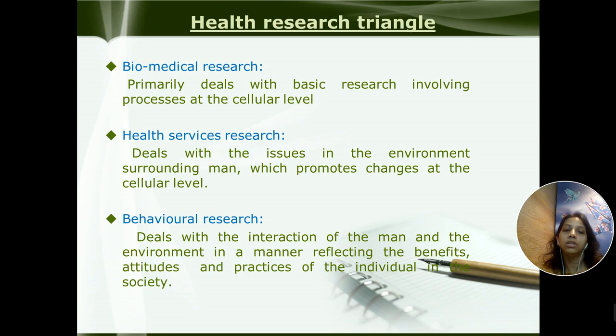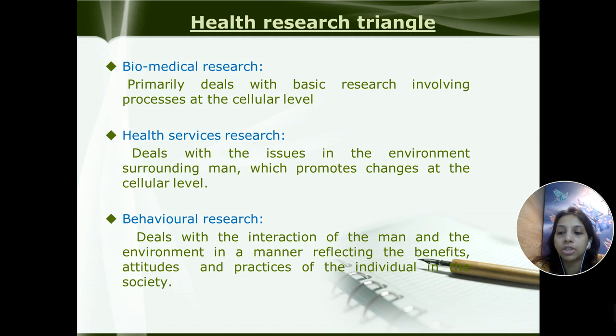Next is health services research. It deals with the issues in the environment surrounding man which promote changes at the cellular level. So the environmental changes or incidents which lead to changes at the cellular level, at the genetic level, involve health services research.